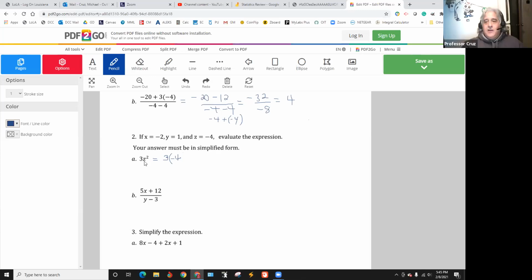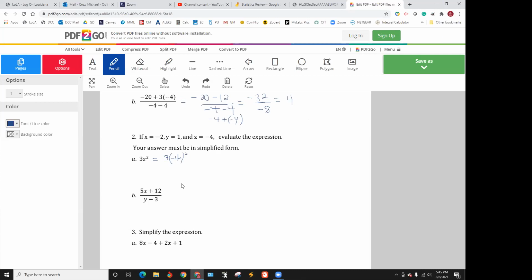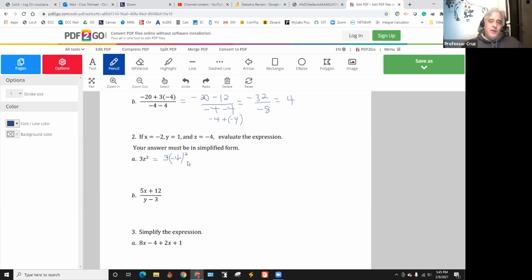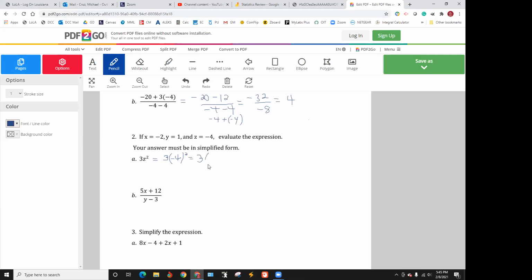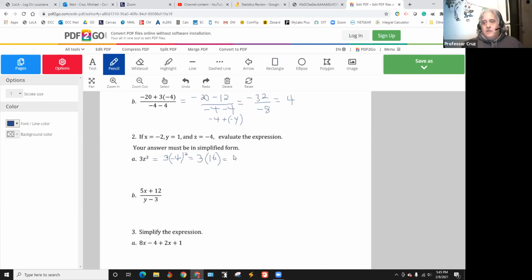That's a z, isn't it? Is that set up right? Yes. So, yeah, that's the z, and the whole thing is squared. So 3 times 16 is 48, right?